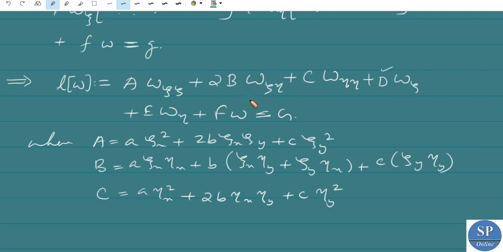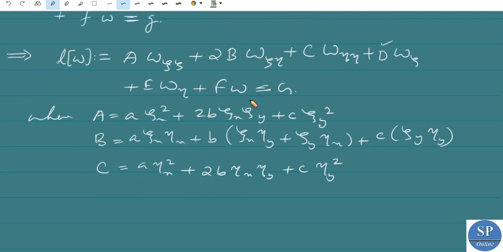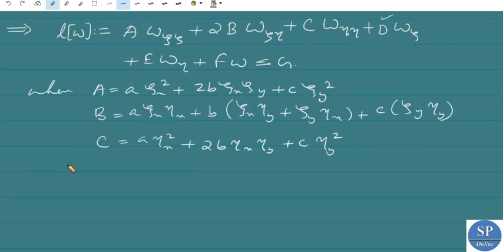Okay, now we know the discriminant of L, the discriminant of this PDE, is B square minus AC, right?